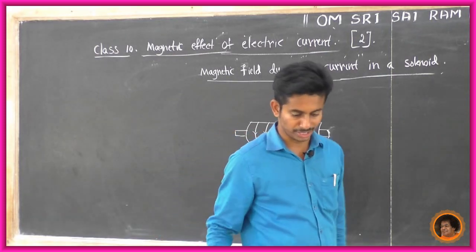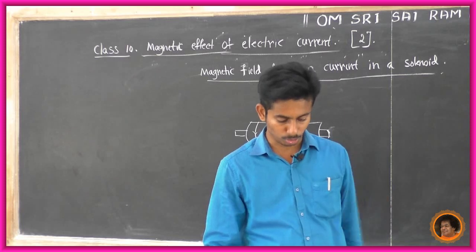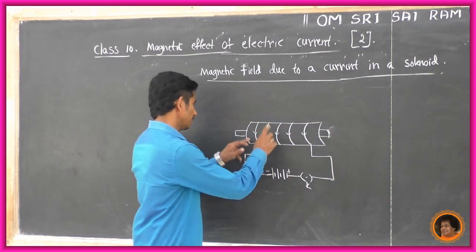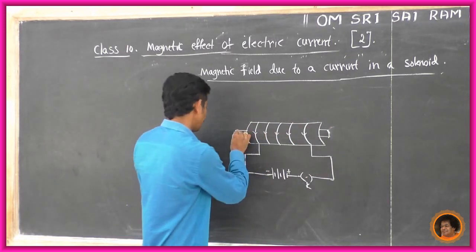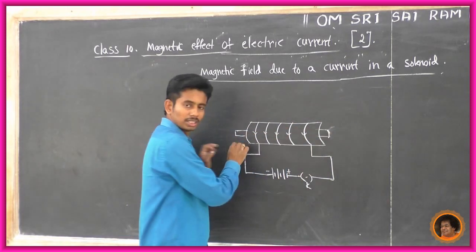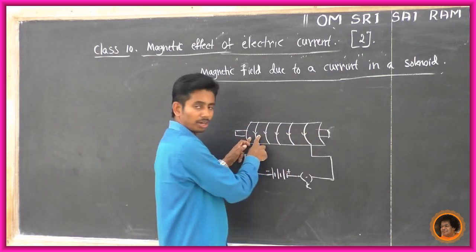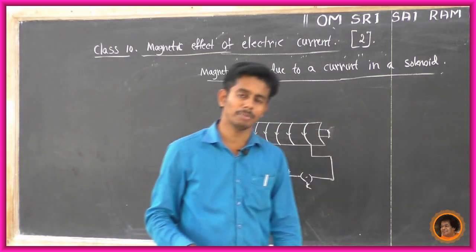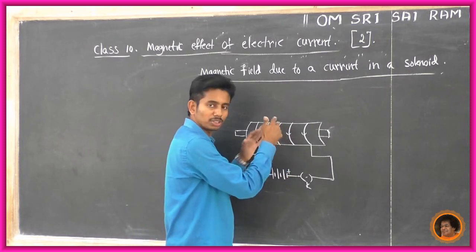That is called a solenoid. Now, in this, more magnetic field is produced. If we introduce an iron material inside the solenoid, then this iron becomes a magnet. Why does it become a magnet? Because of the magnetic field produced by the solenoid.